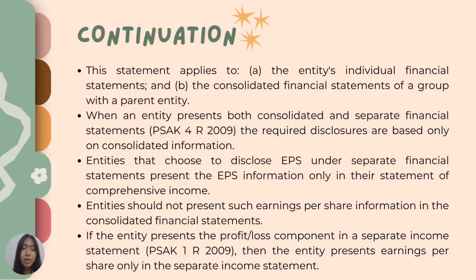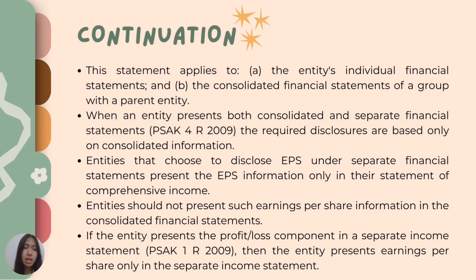And this statement applies to the entity's individual financial statements and the consolidated financial statements of a group with a parent entity. When an entity presents both consolidated and separate financial statements, the required disclosures are based only on consolidated information.